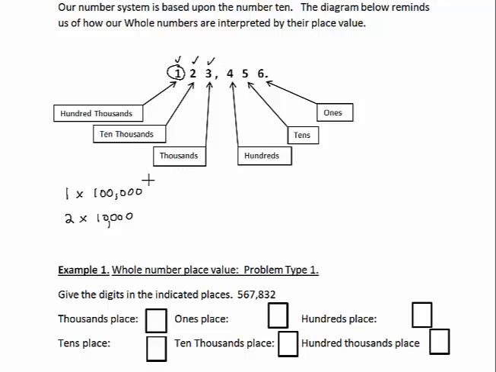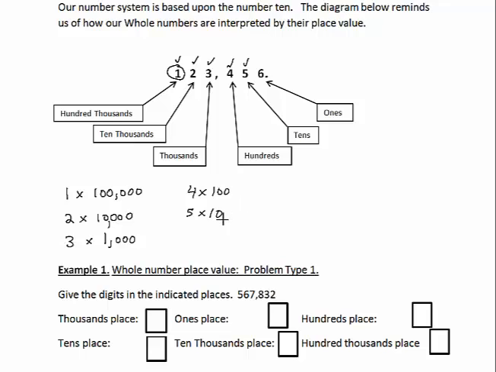It's in the thousandths position, and so we have 3 times 1,000. 4 is in the hundredths position, and so we have 4 times 100. We have a 5 in the tens, and 10 is written 10, and we have 5 times 10.